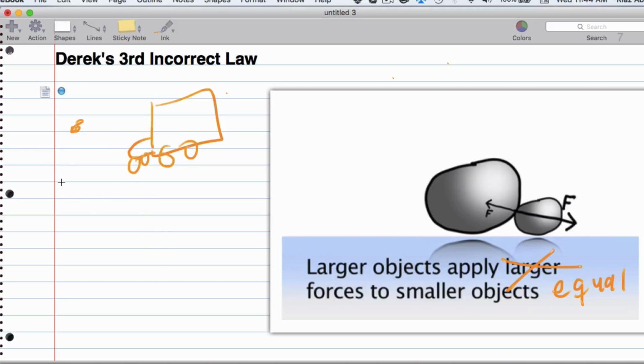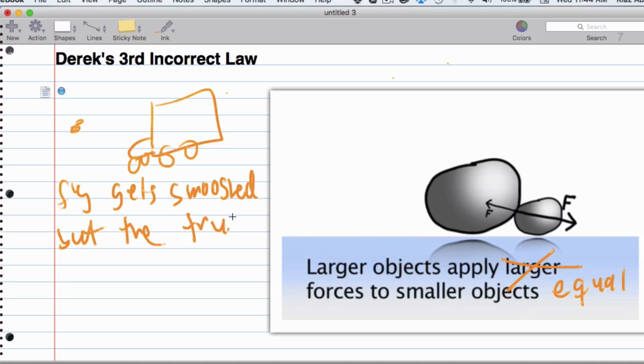Well, when the fly hits the truck, the fly gets smushed, but the truck is not even affected. So how can these forces be equal?